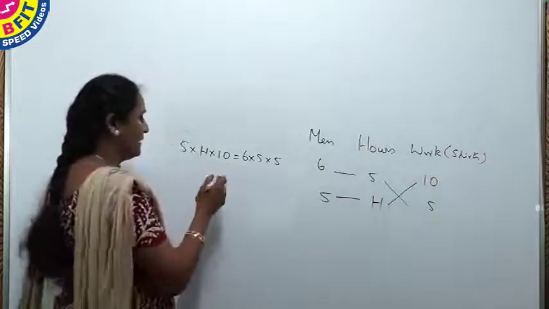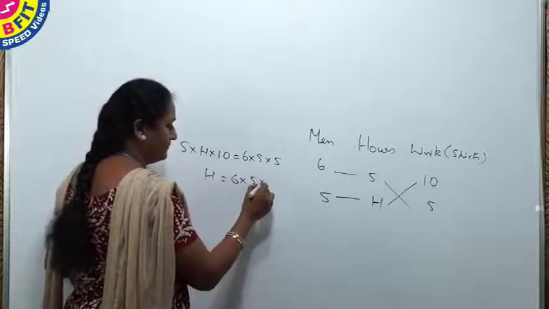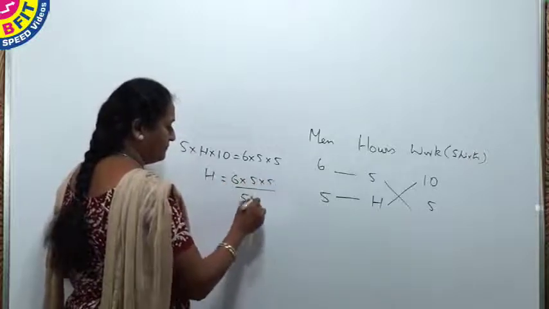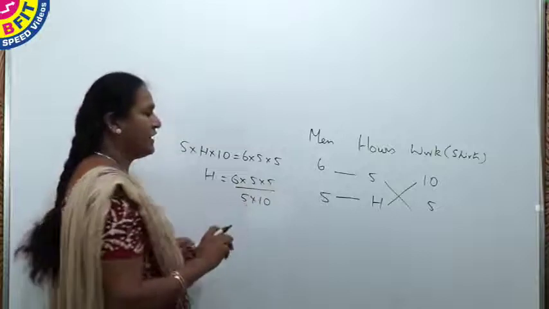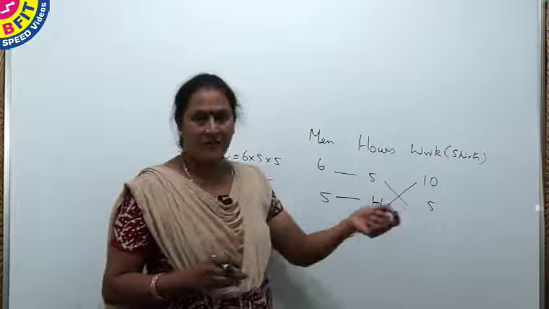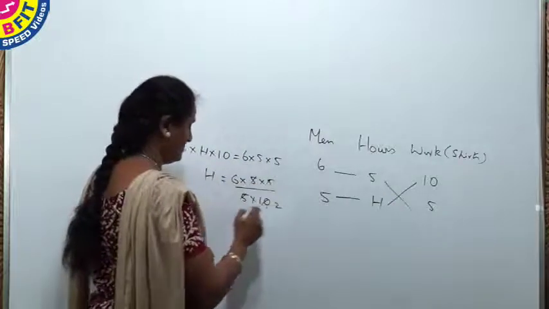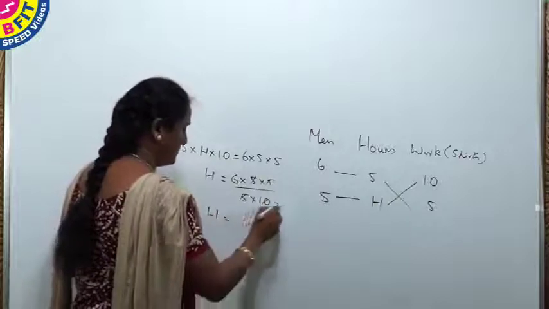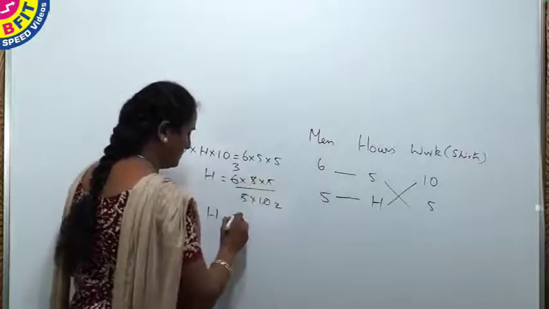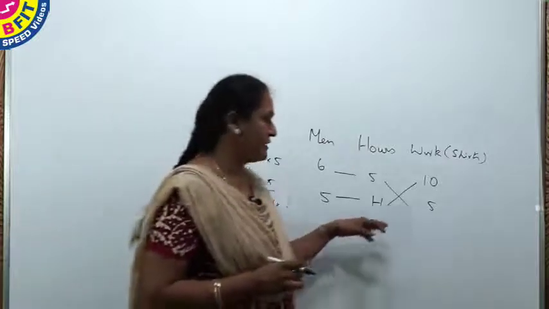So by simplifying this, we can find the number of hours needed by 5 men to stitch 5 shirts. So 5 men need 3 hours to stitch 5 shirts.